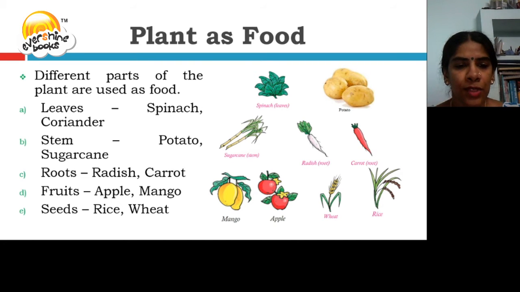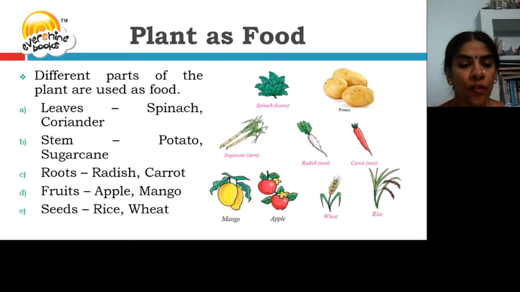So, leaves of some plants like spinach, coriander act as food. The stem of some plants like potato and sugarcane can be used as food.